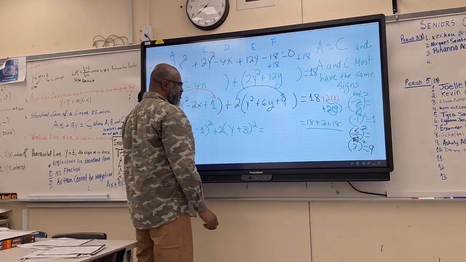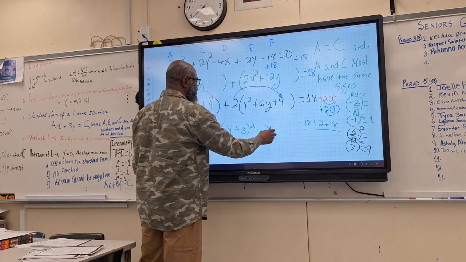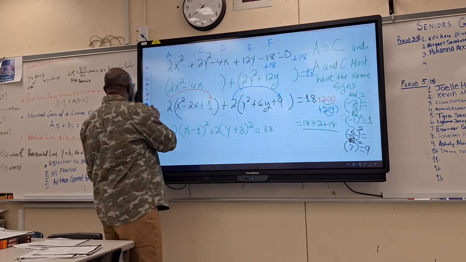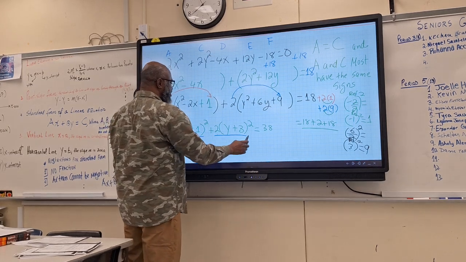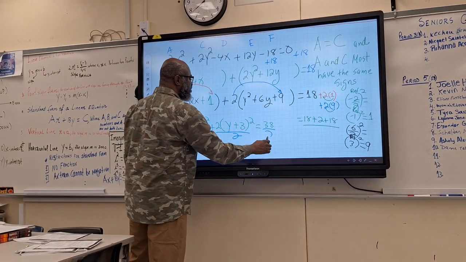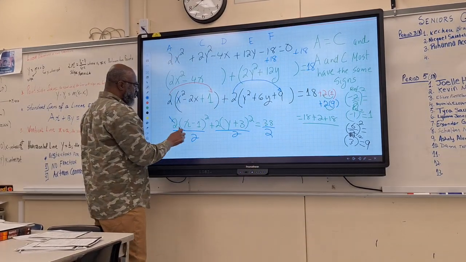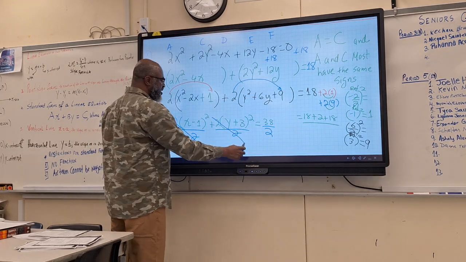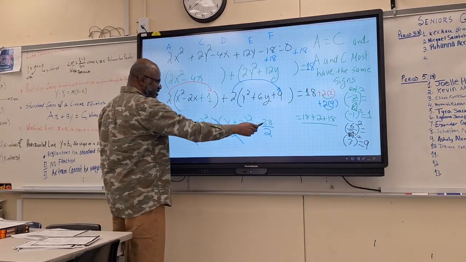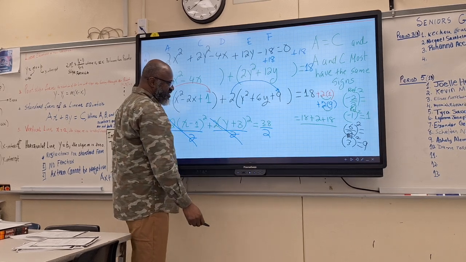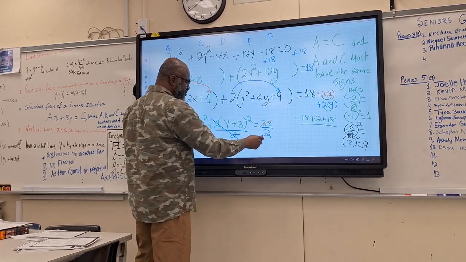No, 38. Alright? Now I need to get rid of those 2s. I'm going to divide by 2. These 2 cancel with that 2. These 2 cancel with that 2. Then I'm going to simplify 38 divided by 2. What is 38 divided by 2?